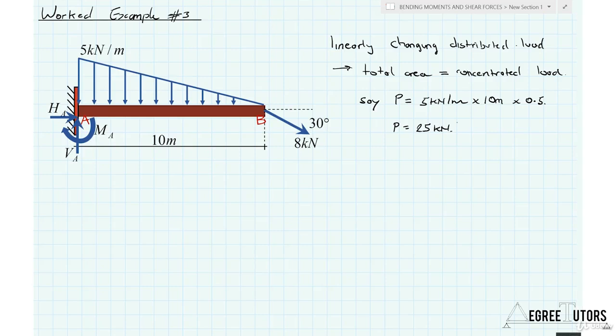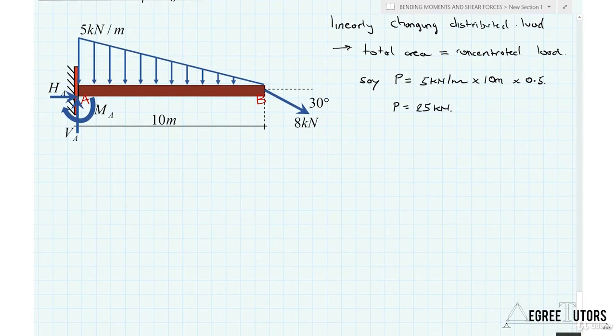Now, for a triangular or linearly increasing load, the resultant acts 1/3 the way along the triangle, the length of the triangle in this case. So it acts through the centroid of the triangle. Let's simplify this and redraw it as a free body diagram. We've got our structure, and I'll just draw the structure as a line this time.